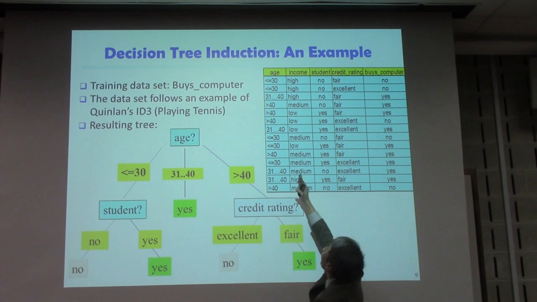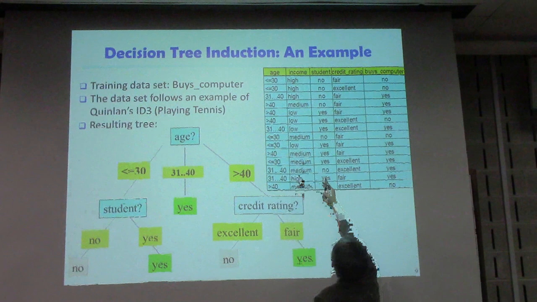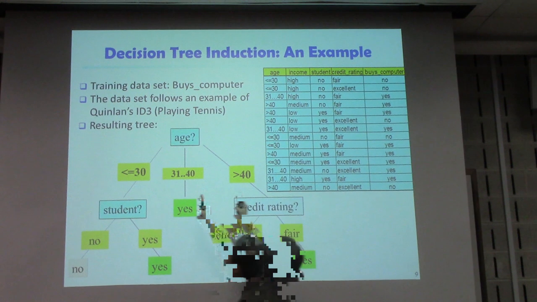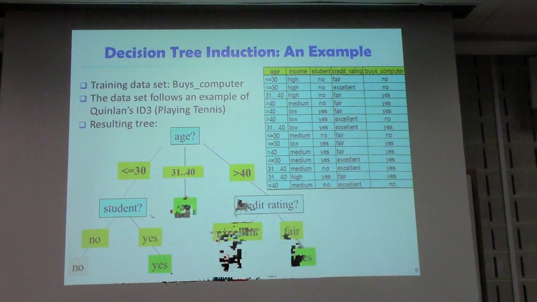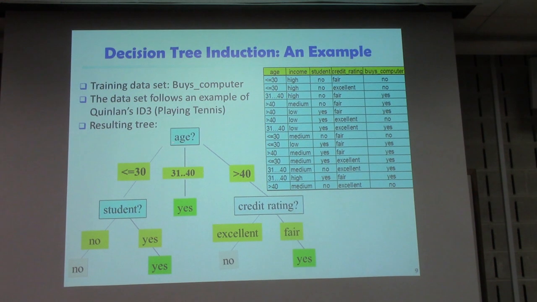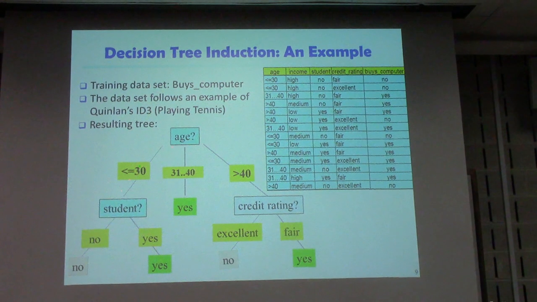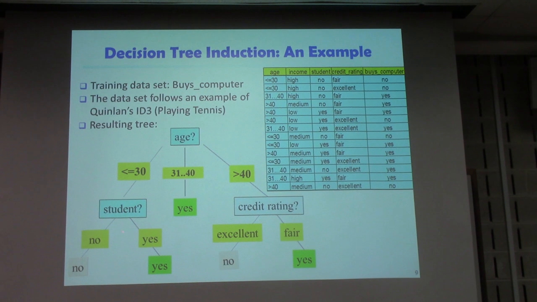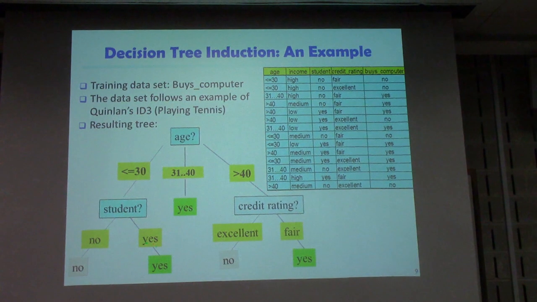So we have the attributes age, income, student, and credit rating. Using age and whether they are a student or not, for example, someone less than 30 years old and a student will buy a computer. That makes sense.